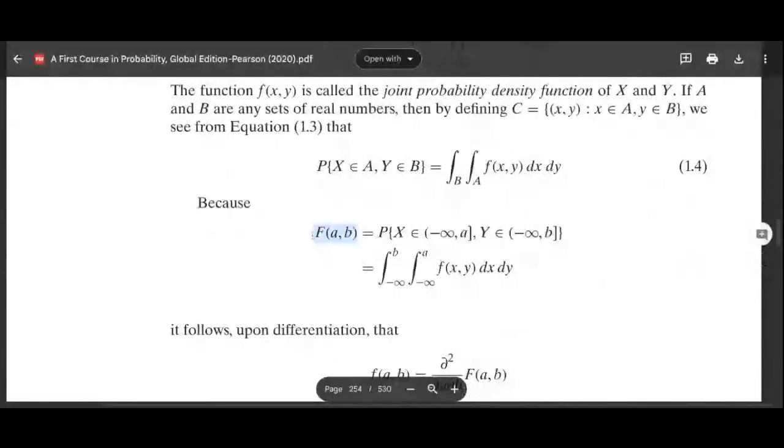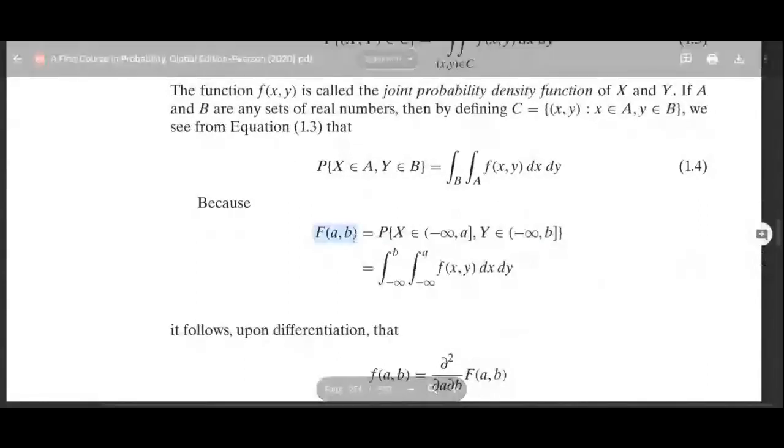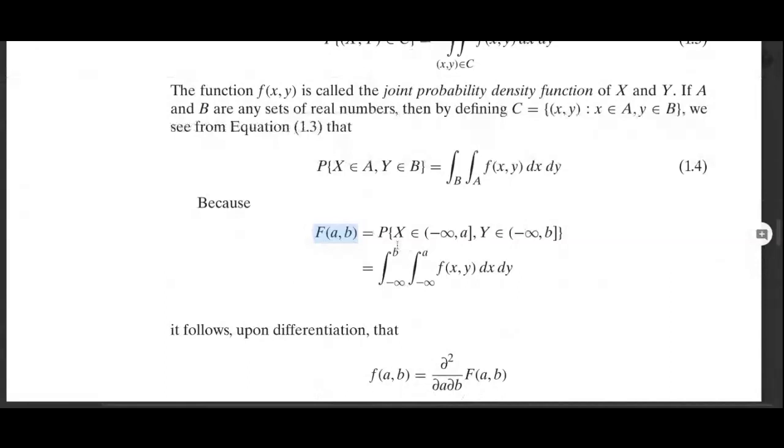The cumulative probability F(a, b) equals the integral where x goes from negative infinity up to a, because X is less than or equal to a, and y goes up to b, because Y is less than or equal to b. So the integral has a lower limit and an upper limit.